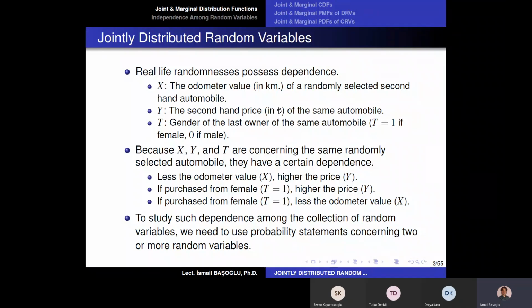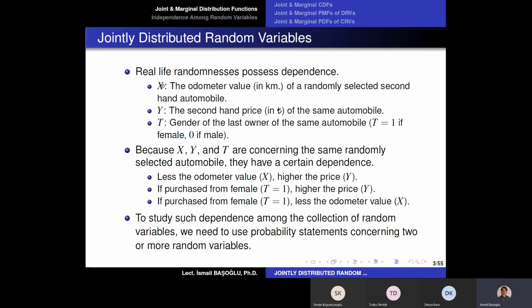For example, we do not know the accident records of that automobile, or we do not know the odometer value actually. Okay, so we do not know anything about this. So because of that reason, we cannot make solid predictions on these values.